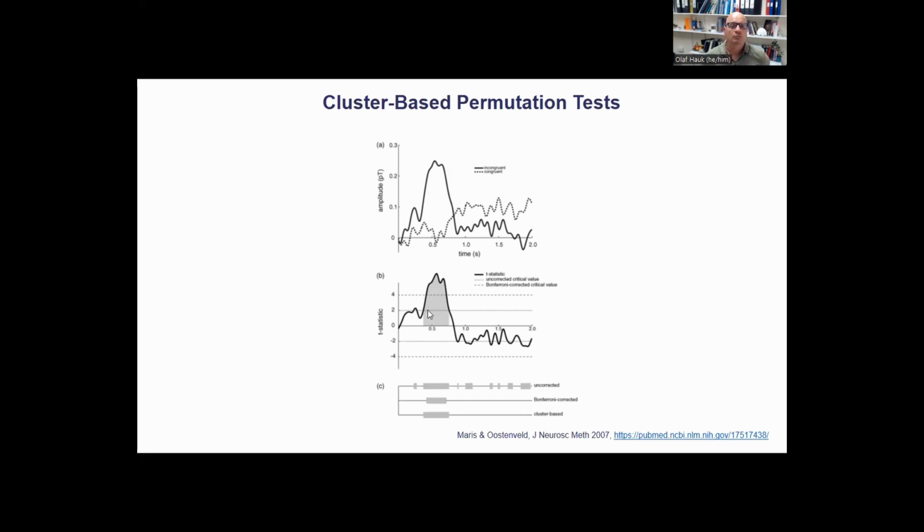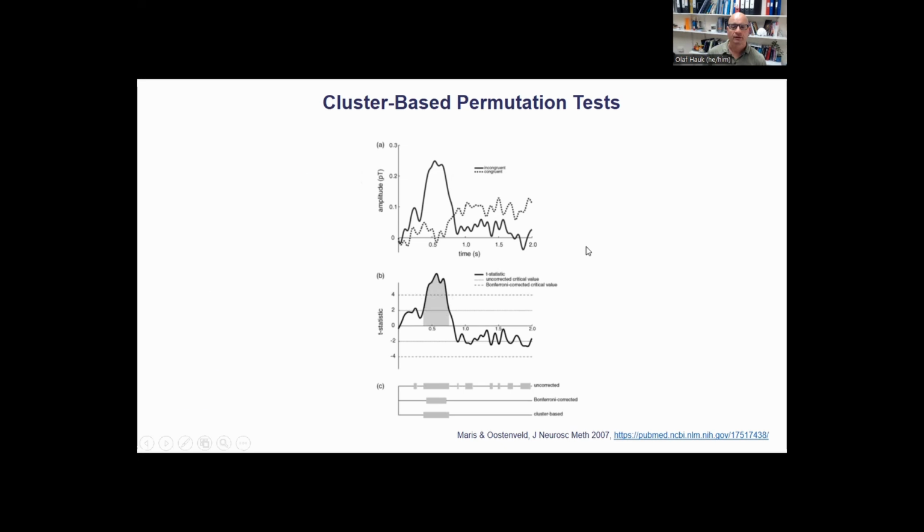So we can probably conclude from this that there is a peak in this distribution. And we know, of course, the number of vertices, or the exact vertices or samples that went into this cluster. But again, we cannot conclude exactly what the latency range or the onset and the offset of this cluster is.